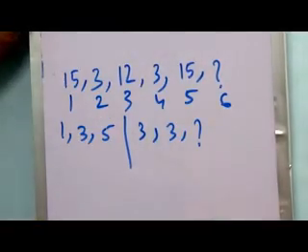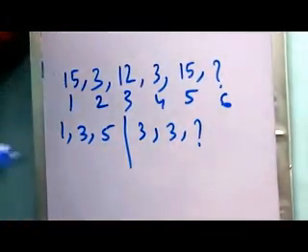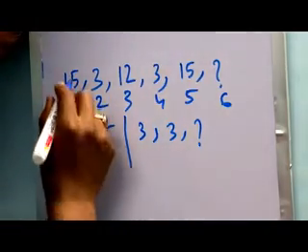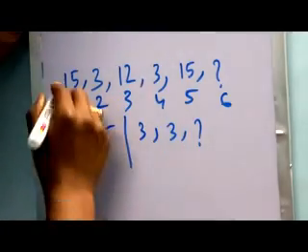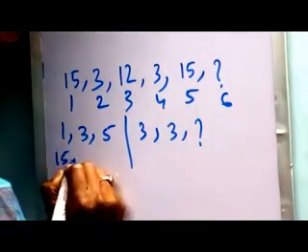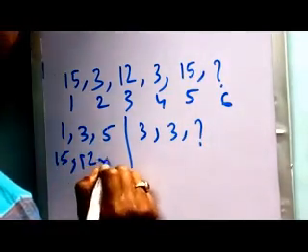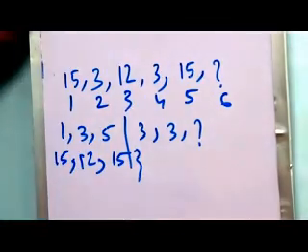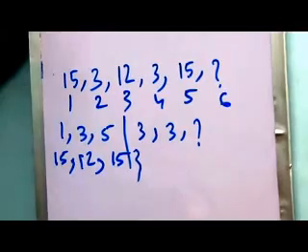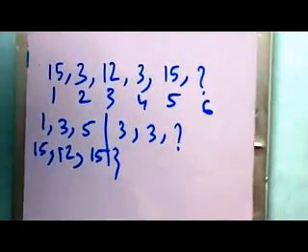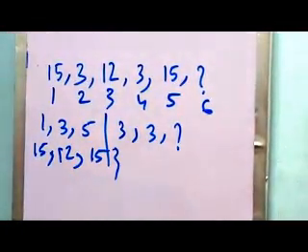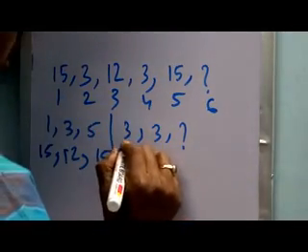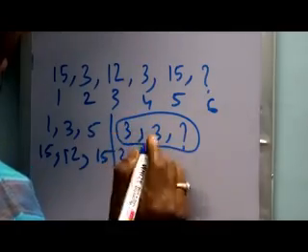Already the logic is as clear as crystal water. Okay, so what is the relation between 15, 12 and 15 in the first series? That is valueless. Sometimes in a sub-series, one particular series becomes valueless; the actual logic is hidden here.